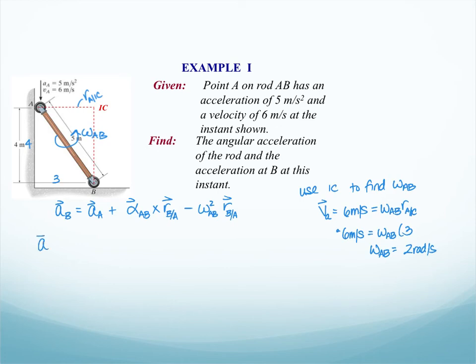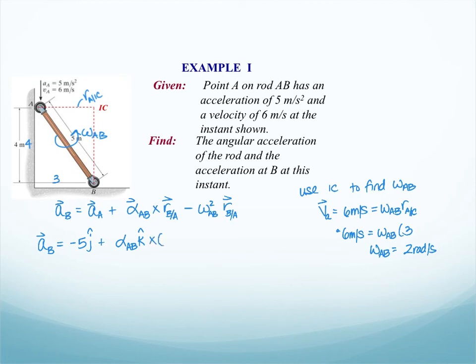So acceleration of B is equal to acceleration of A, which is minus 5 in the j hat direction, plus alpha AB is going to be in the k direction. I think it's going to be positive k because it's going to accelerate in the counterclockwise direction. But if I'm wrong, it's okay. My alpha will just come out to be negative.